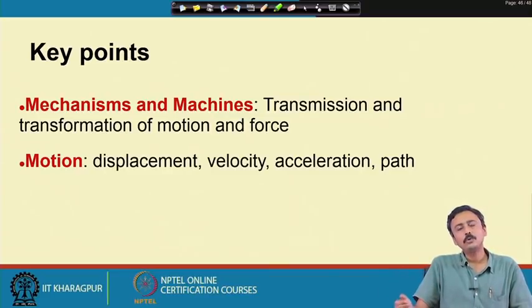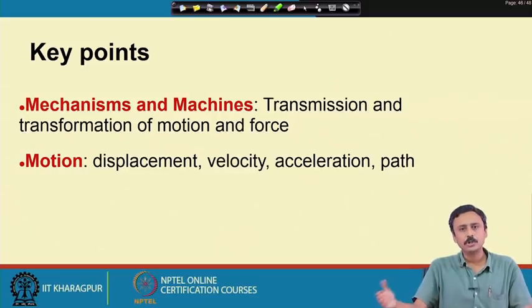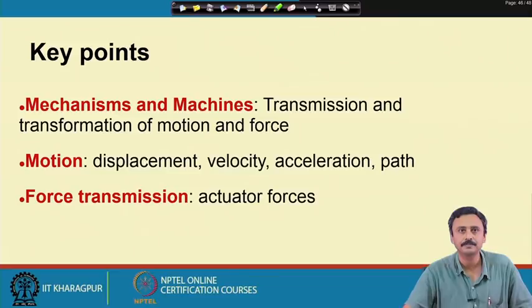Now, motion, how do we quantify or understand motion? Motion is quantified in terms of displacement, in terms of velocity, in terms of acceleration and in terms of path. For example, a robot mechanism will be expected to follow a certain path. So, motion can be quantified in terms of these 4 quantities, and the transformation and transfer of these motions from the actuator to the output is under the purview of study of kinematics of mechanisms and machines.